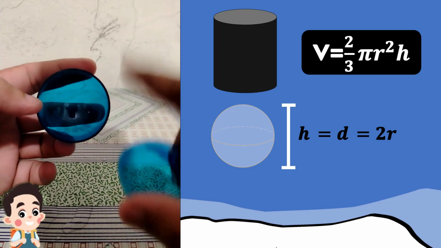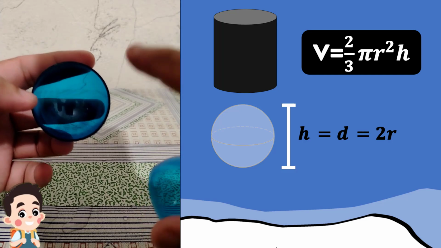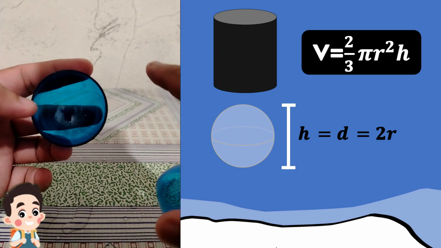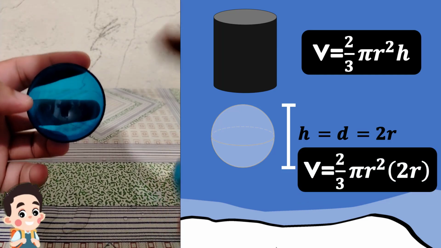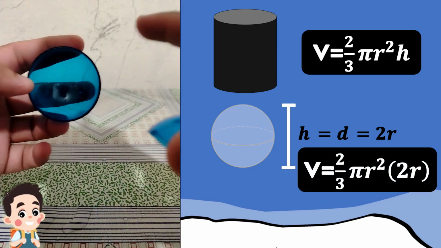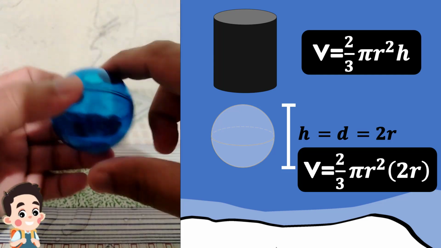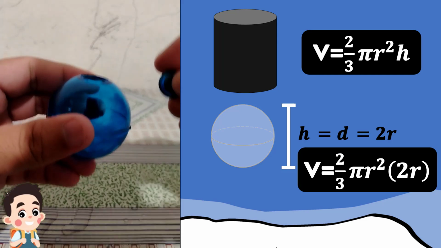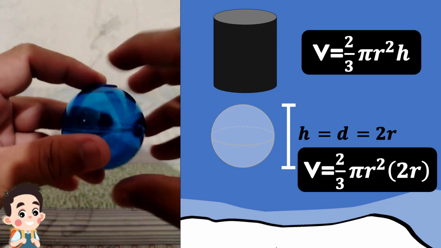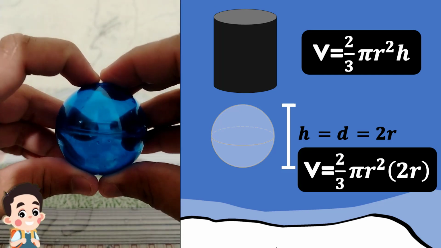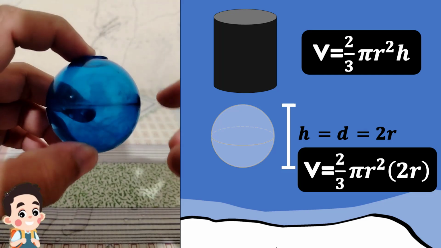In short, in the 2/3 pi r squared h, the h can be changed into the diameter, d, or can be represented by 2r, because the height is the diameter and the diameter is 2r. Now we have 2/3 pi r squared times 2r. Simplifying that, multiplying 2 and 2, you will get 4.